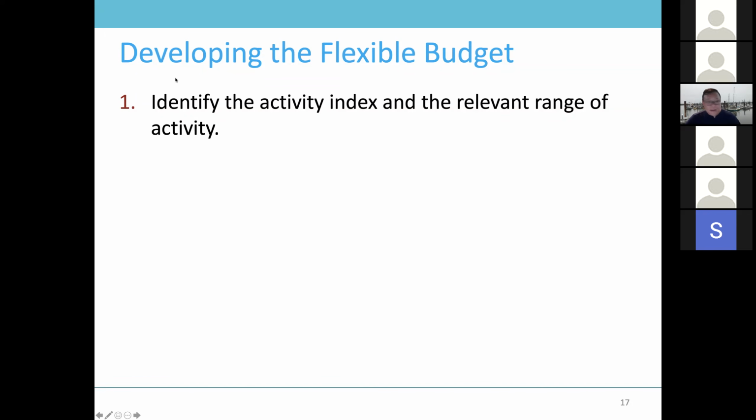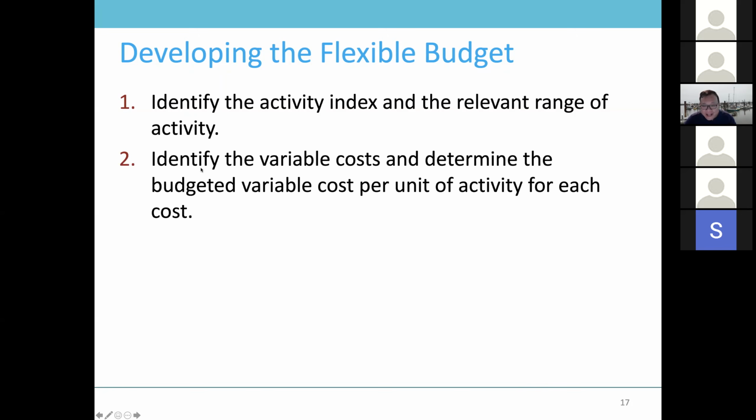So let's take a look at the steps to develop a flexible budget. First, you identify the activity index and the relevant range of the activity. This is something we already know when we learn cost behavior. Do you still remember what cost behavior is? Second, you identify the variable cost and figure out the budgeted variable cost per unit of the activity for each cost.